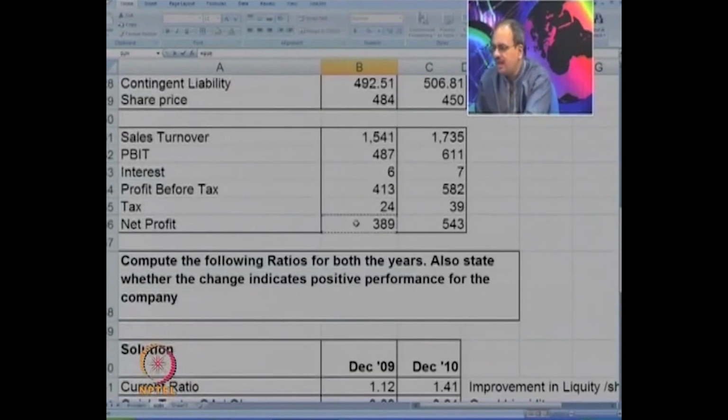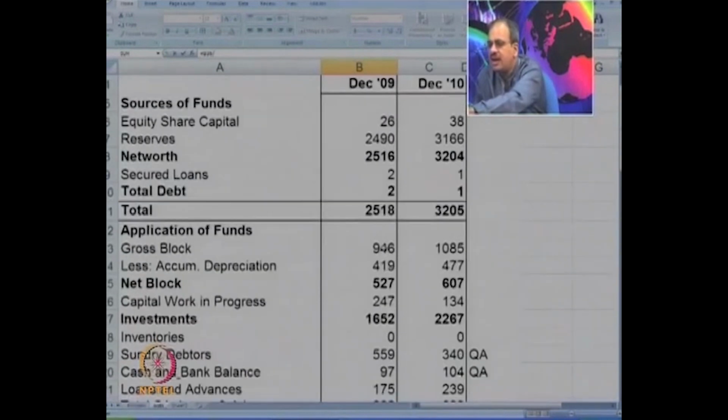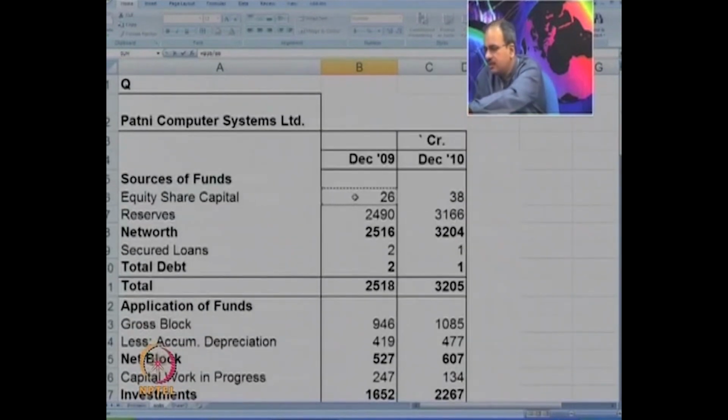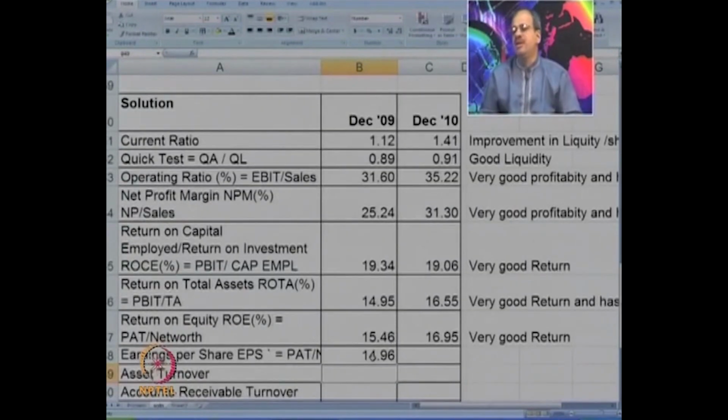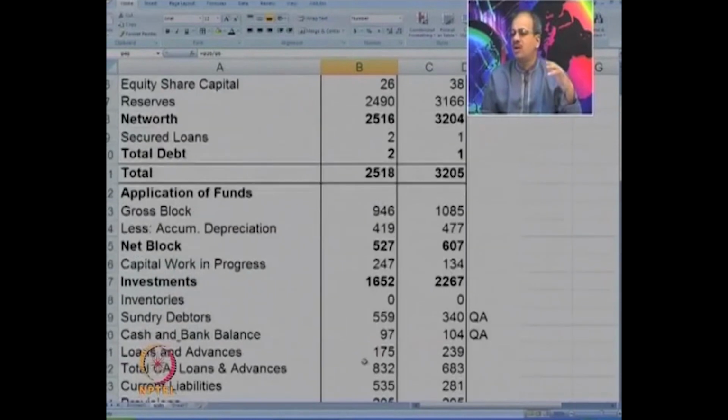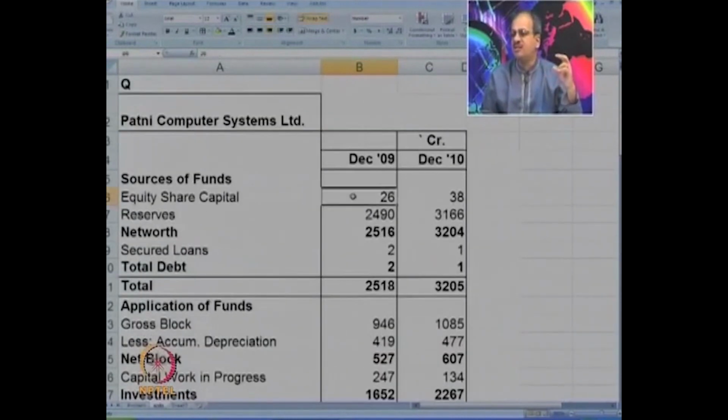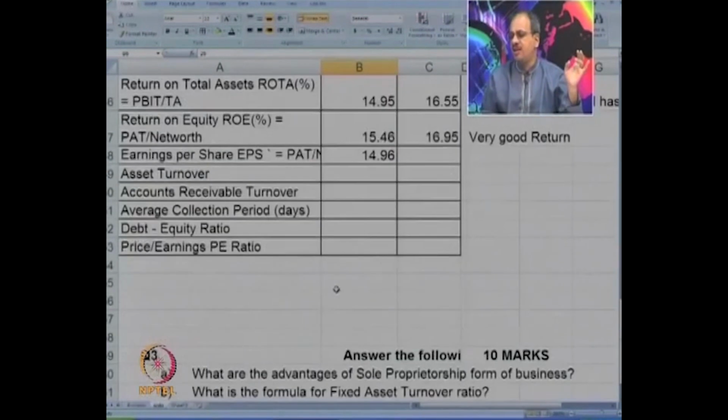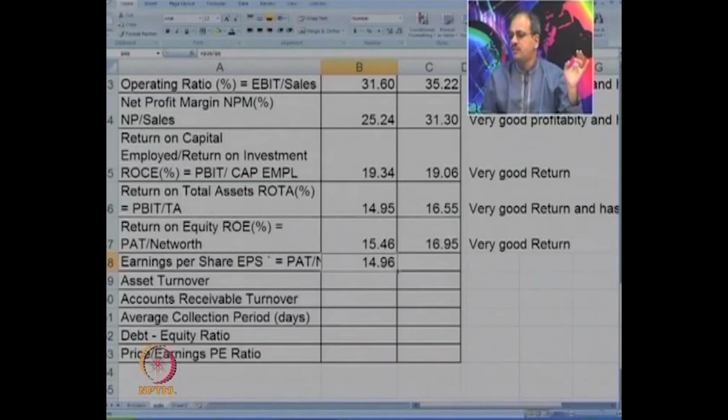So, you can take NPAT again and divide it by equity capital. Now, exactly we do not know the number of shares, but if we assume that each share is of 1 rupee, whatever is the equity share capital, same will remain the number of shares. So, we are dividing by equity share capital.